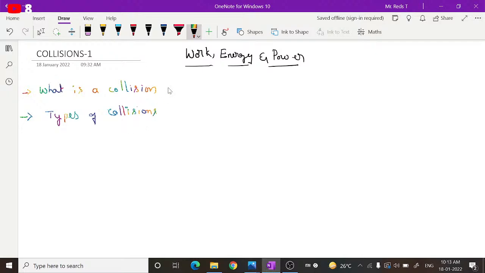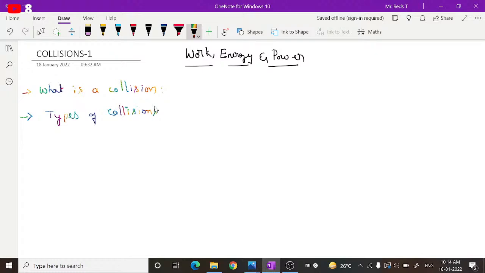Right, what is a collision? Under this we discussed that a collision is nothing but an interaction in which momentum and energy exchange takes place.